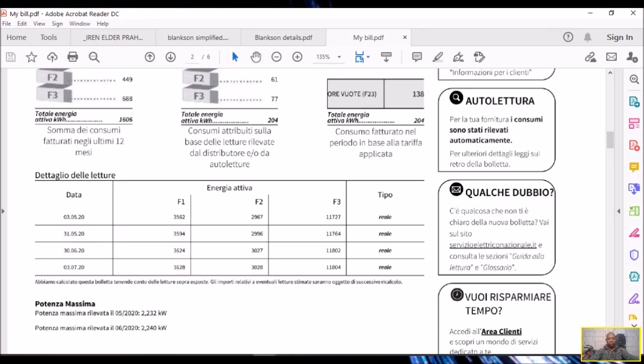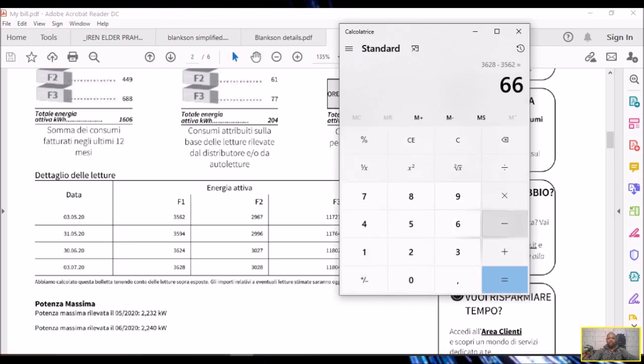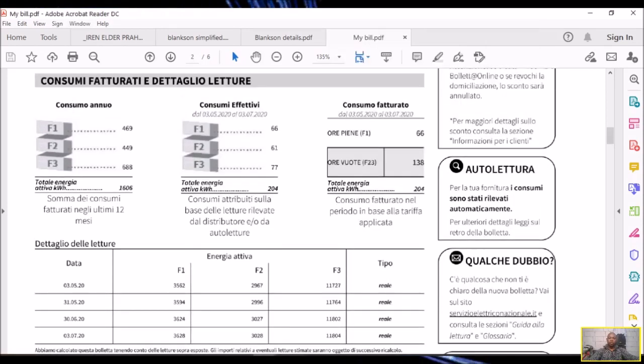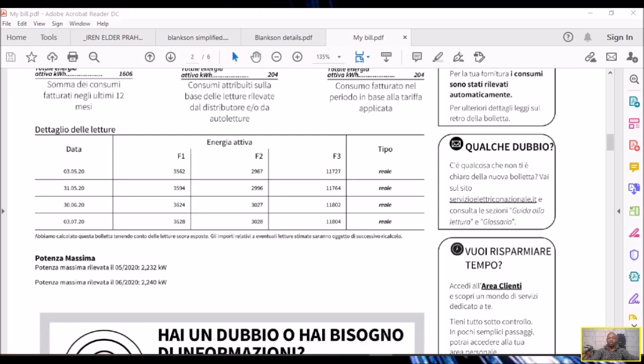So if you make a subtraction of the last measurement, 3628, minus the first measurement, 3562, it gives 66. That is why your F1 effettivo is 66. The same thing applies to your F2 and your F3.